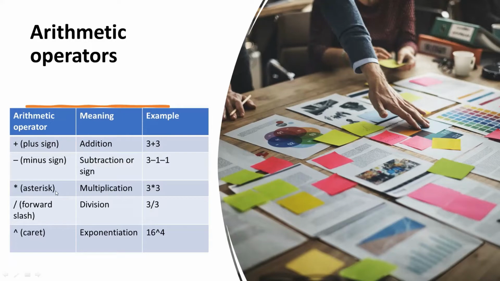The asterisk is used for multiplication. Forward slash is used for division and getting the quotient of the division operation. And the caret symbol is used for exponentiation, that means for showing powers and doing calculations in the powers.